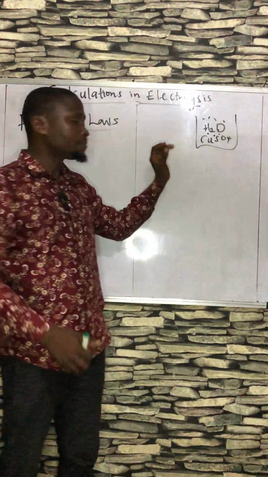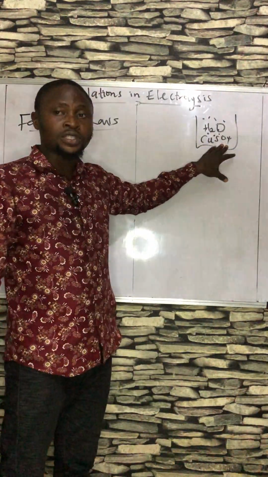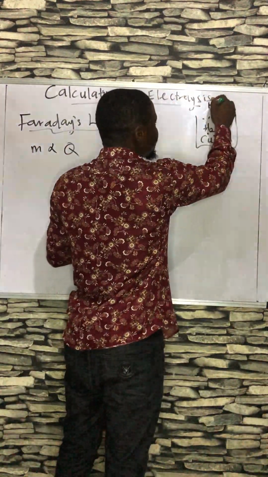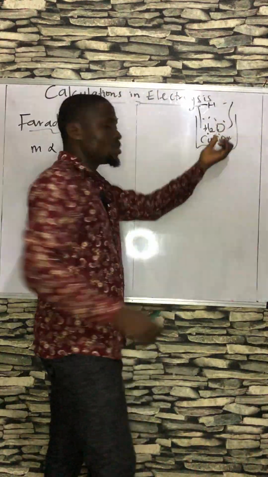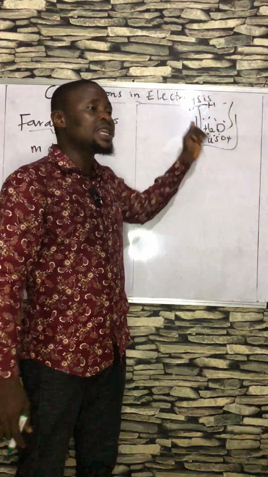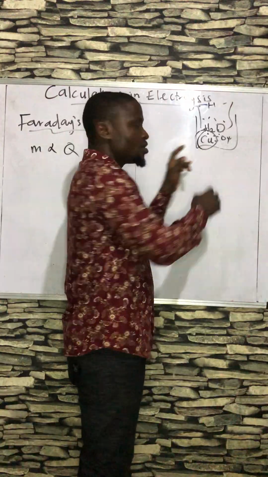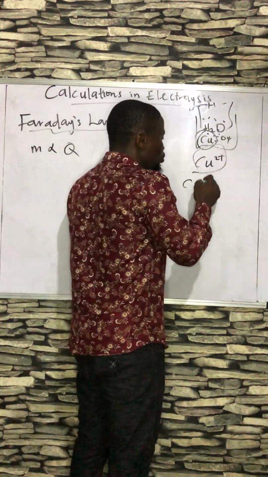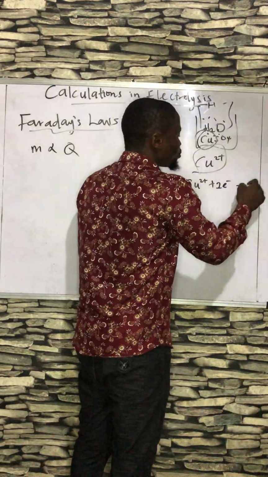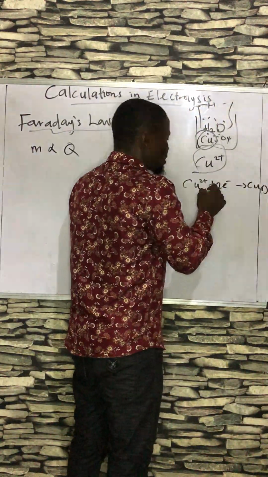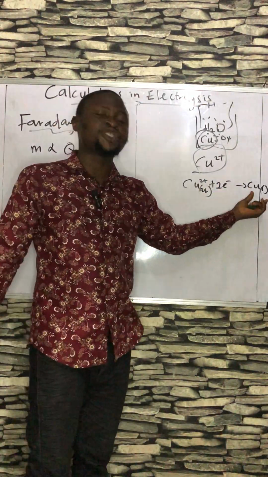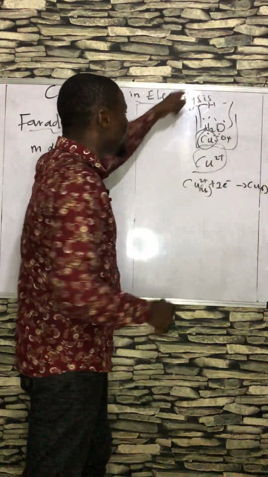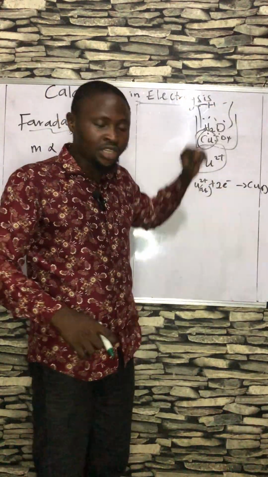So if you have water and copper sulfate, and there is a supply of electric current into the electrolyte, the mass of this Cu2+ that is being discharged, Cu2+ + 2e- giving copper solid, is determined by the amount of electricity that is being passed through the electrolyte.